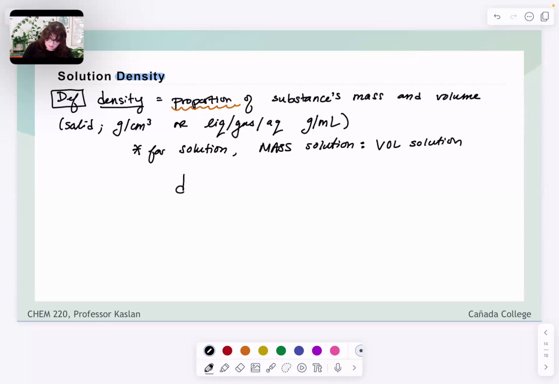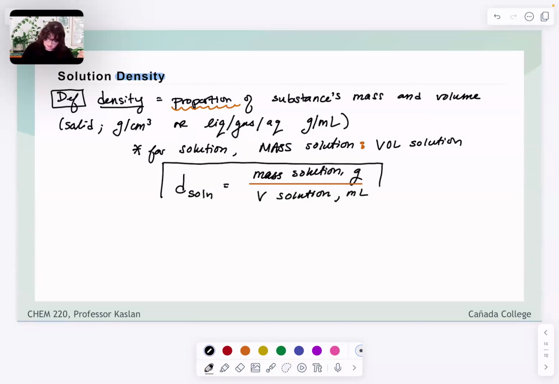Writing out density of a solution specifically, this would be the mass of the solution itself in grams over the volume of the solution in milliliters. And this quotient, this ratio, is what makes it a proportion. Here we have our definition of density now expressed specifically for solutions.